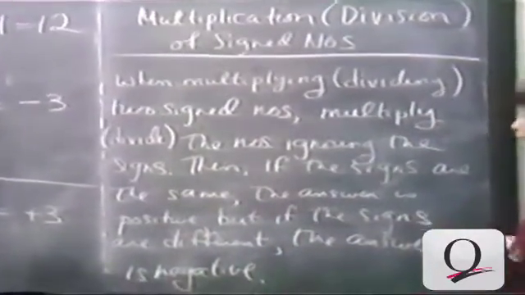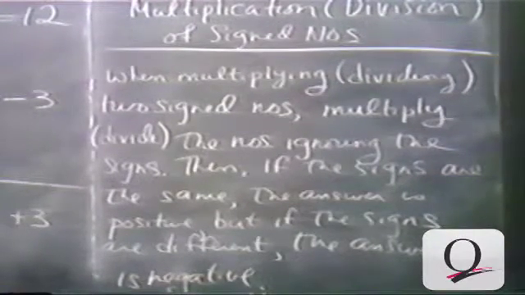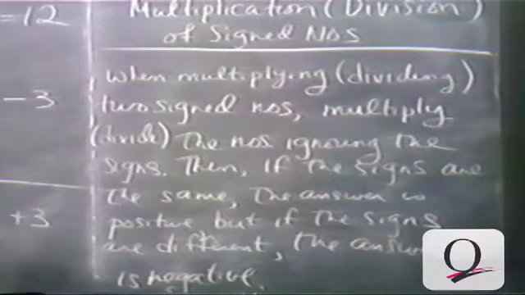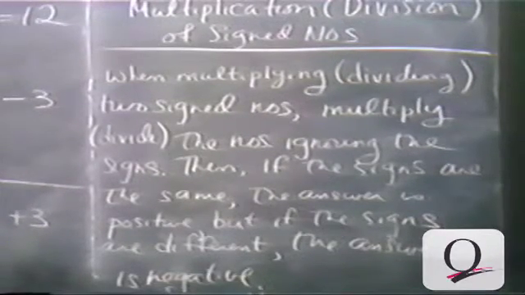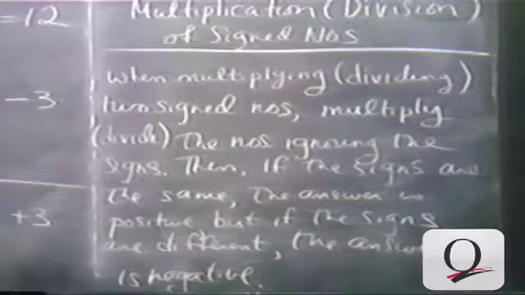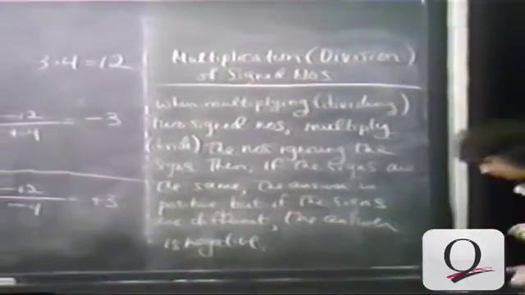Then if the signs are the same, the answer is positive. But if the signs are different, the answer is negative. Basically, it's just the same as multiplication. Like signs gives you a positive answer. Different signs give you a negative answer.